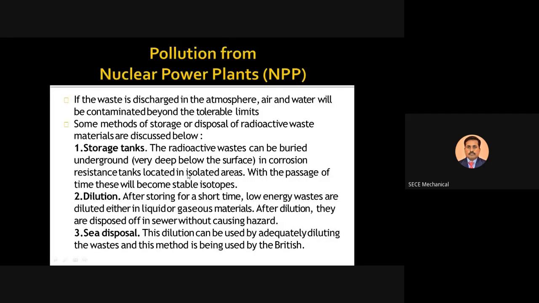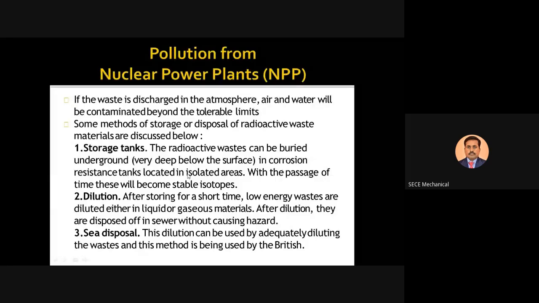If it is directly discharged to the atmosphere, definitely what will happen? A lot of contamination may be present in the water sources. So some methods we have to adopt for radioactive waste material will be discussed now.